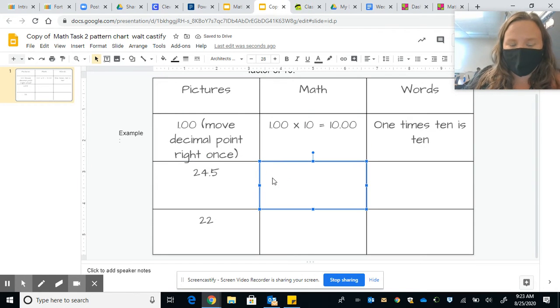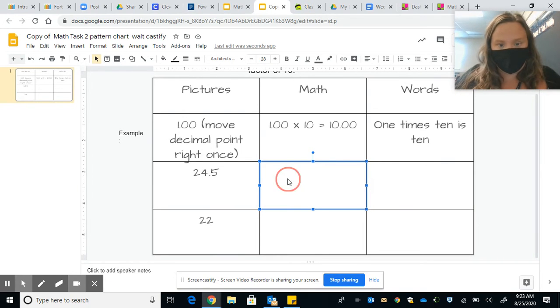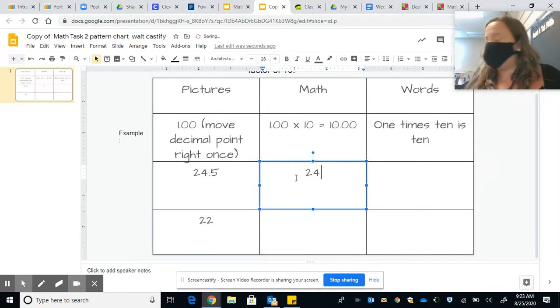So for 24.5, can anyone here tell me what number they got? 240. 240.5 or 245? So 240.5, that moves the decimal place over 2 places.